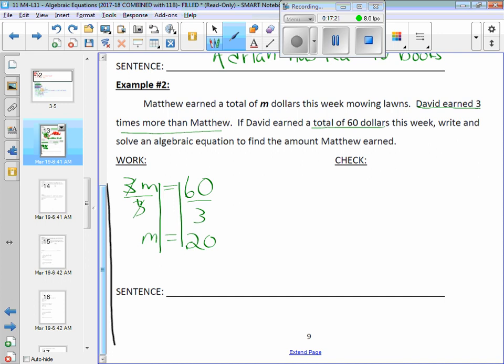Did you guys get M equals 20? And when he substitutes the 20 in, what will he need to do? Right, and he needs to add the dot now because you can't put 3 and 20 together. So you have to put the dot. And now sentence.